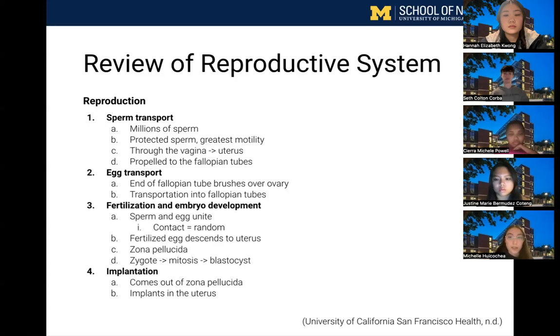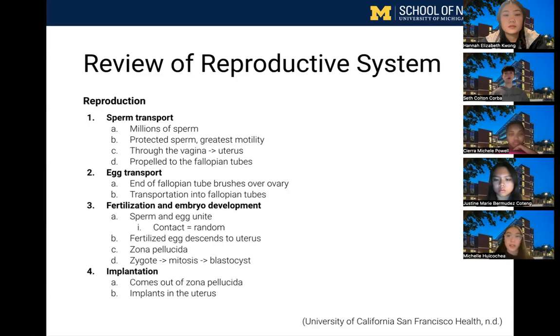After this, cell division takes place. A single cell embryo is called a zygote. It undergoes mitosis, which is just multiple cell divisions. This will occur for the next 7 days, and then it becomes a blastocyst, which is just a bunch of organized cells.